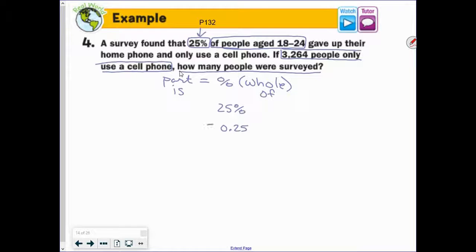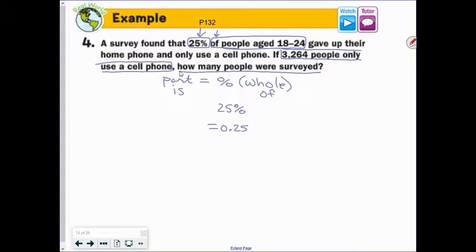So the real question is, do I have the part or do I have the whole? Well, it says 25% of people aged 18 to 24. Now, of does appear here. That means the thing afterwards probably is representing my whole. But it says people aged 18 to 24.